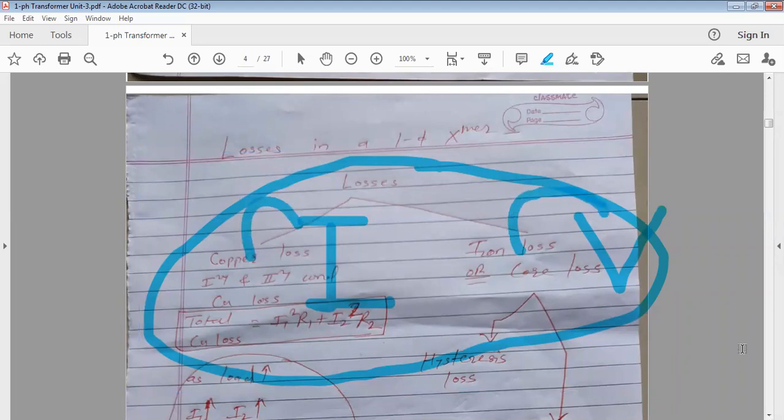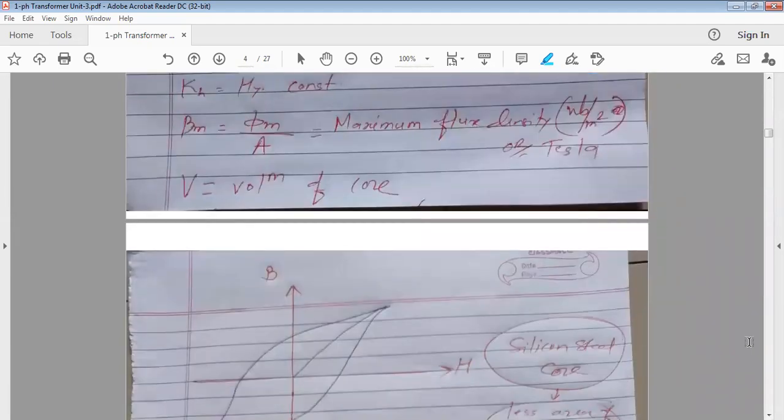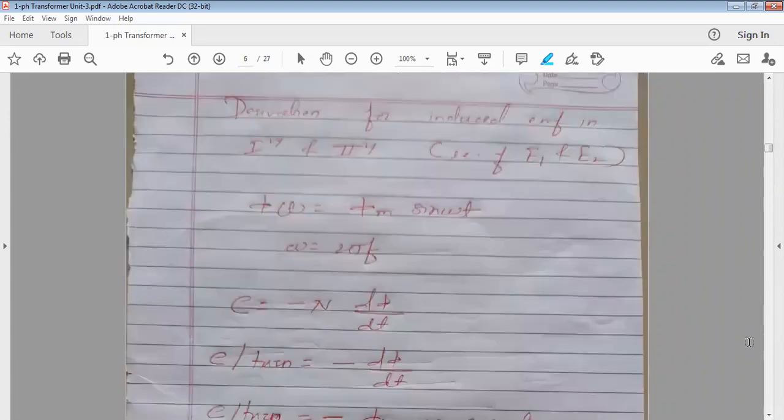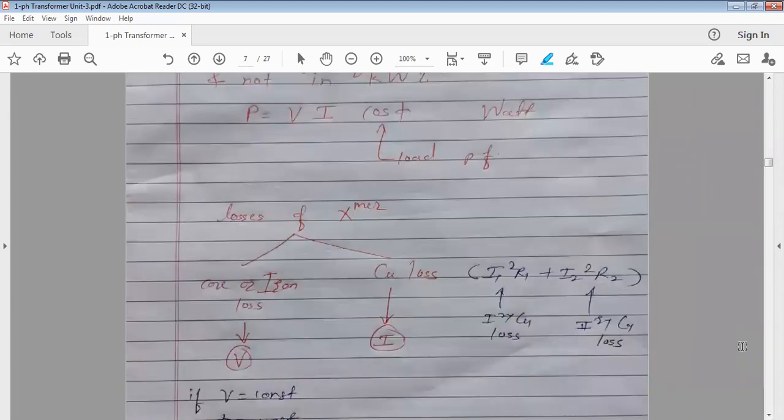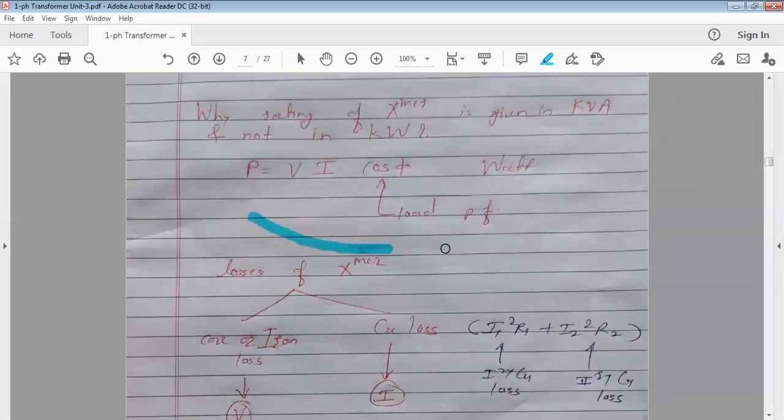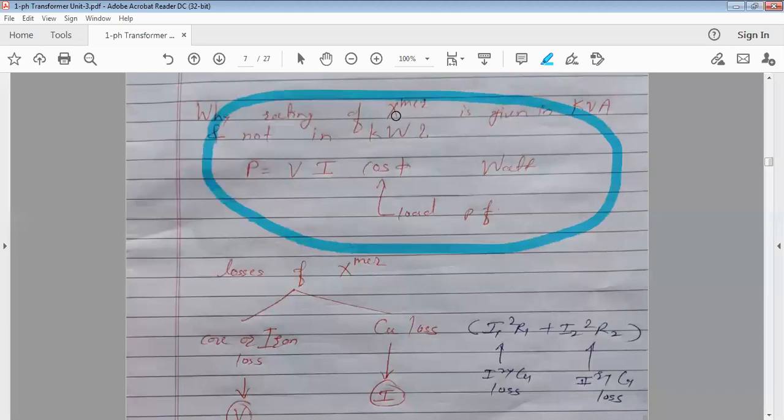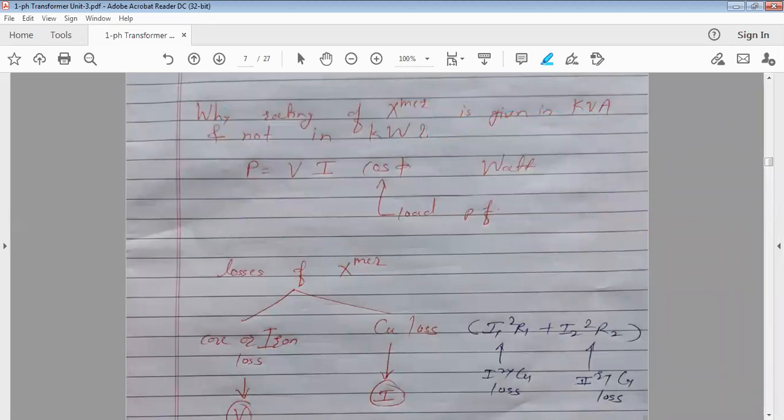And this is also another reason why the kVA rating of a transformer is given in volt amperes and not in kilowatt. I told you two reasons are there why the rating of a transformer is given in kVA and not in kilowatt. One reason: load on the transformer continuously changes, that's why cos phi is not fixed, and its voltage range and current range are known, and that's why its rating is given in volt amperes.